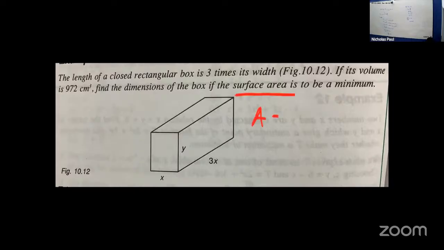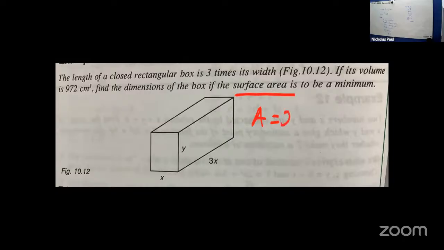Can we find an equation for area? Area is what? Length by width by 6 sides. So you have to work it out.